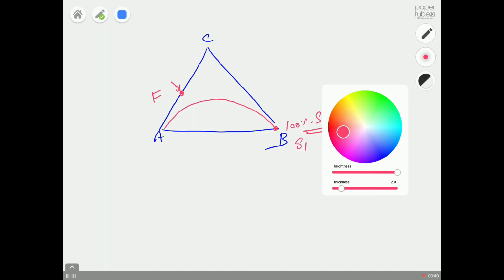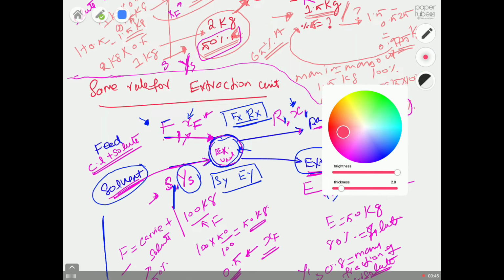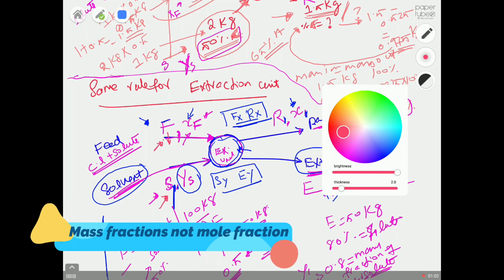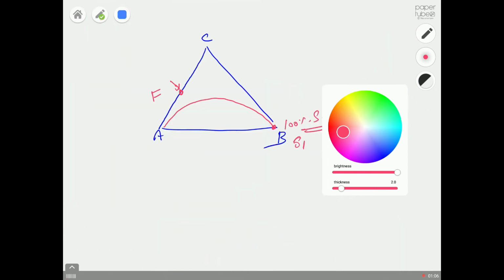If you go back to the notations that we used, we have something called F, we have something called S1. Where is our F and where is our S1? It's based on the mole fraction of each component in the feed and in the solvent. So we can call this point S1 to maintain consistency, and then we are just connecting these two points. If you want, we can call it a feed line. I think this is enough for the moment.